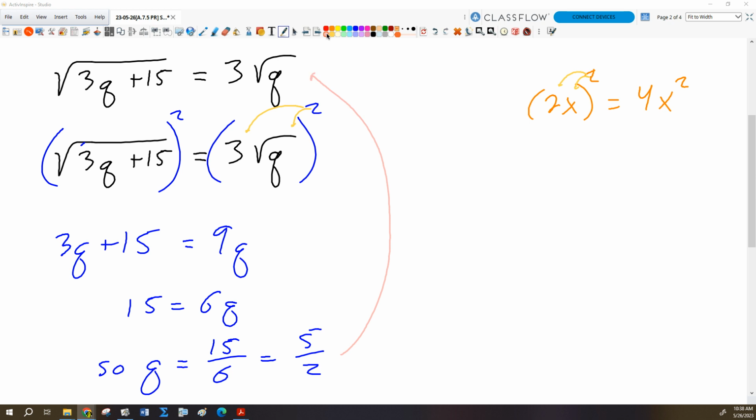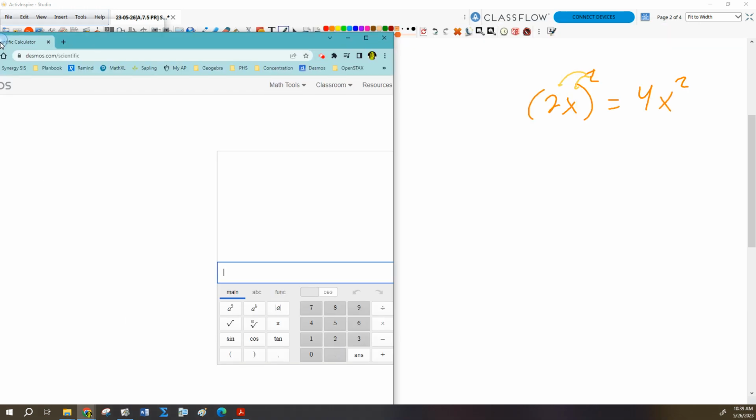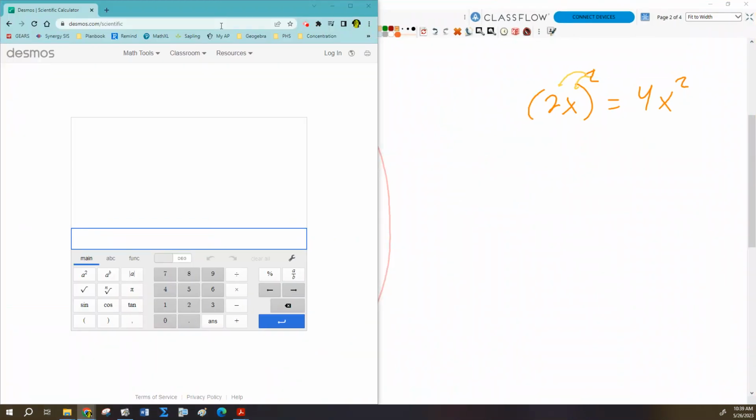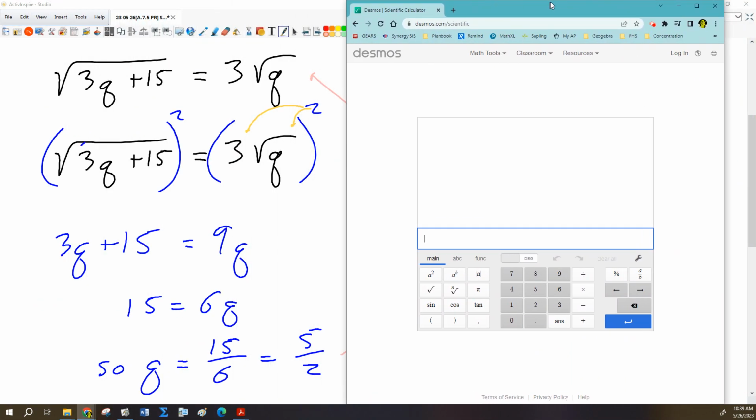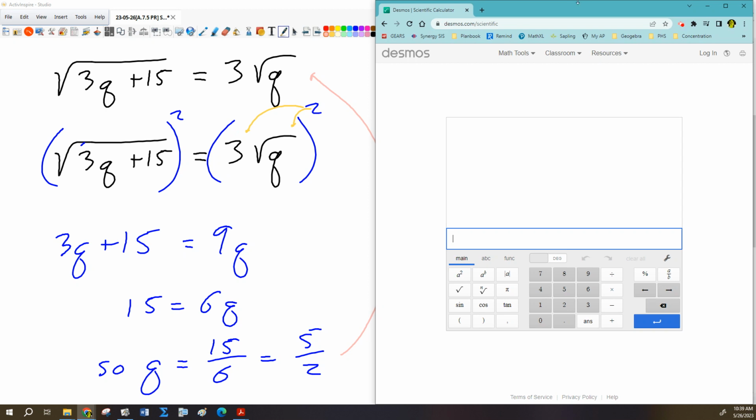Let's remind ourselves about how we could even use Desmos Scientific on this to help us out. If we want to evaluate functions, if we're just checking, all we're doing is evaluating each side of the equation. Okay, so what are we doing then?